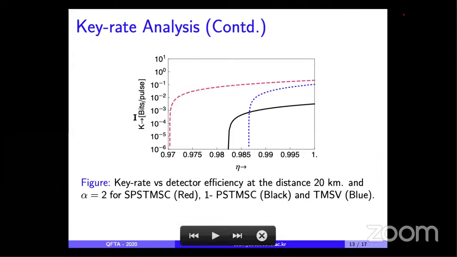So in this figure, we just set the distance to be 20 kilometers. One can go for other distances, 30 kilometers, 40 kilometers. But here we just fix the transmission distance between the parties to be 20 kilometers and check the key rate against the detector efficiency. This blue line corresponds to the Gaussian case, 2-mode squeeze vacuum.